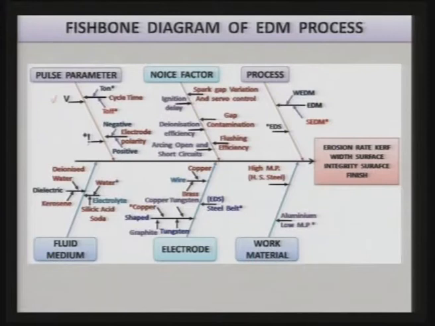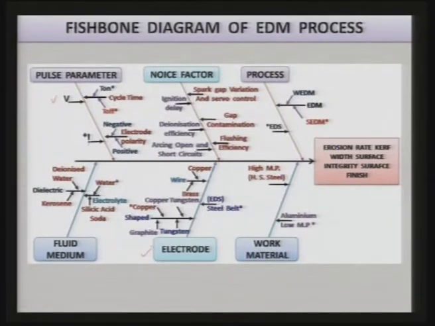Then comes the fluid medium. We can use deionized water as the dielectric, but there are various kinds of oils that are used as the dielectric, mainly kerosene, which is one of the most commonly used. Then there is the electrode.